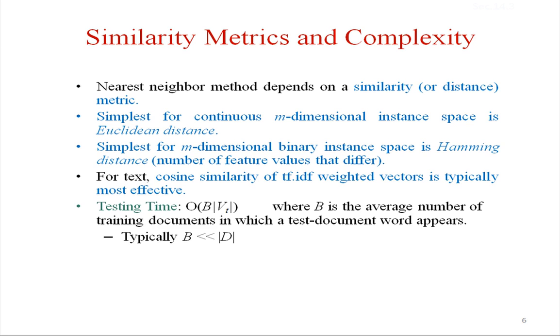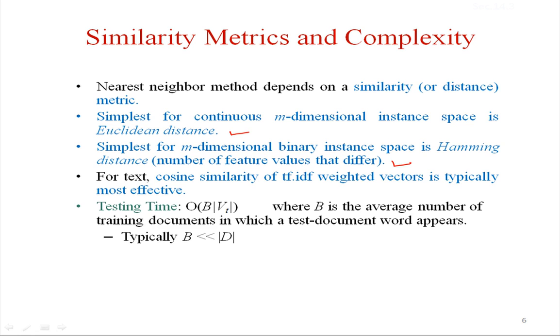Means selection of an appropriate distance measure is also important for the quality of classification with k nearest neighbor algorithms. The simplest for continuous m-dimensional instance space is the Euclidean distance, and the simplest for m-dimensional binary instance space is Hamming distance. Hamming distance generally performs better in case of binary classification.